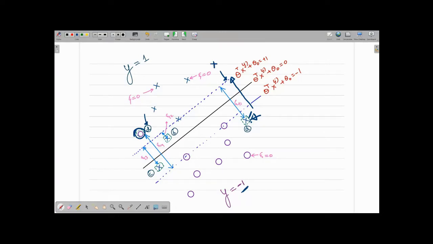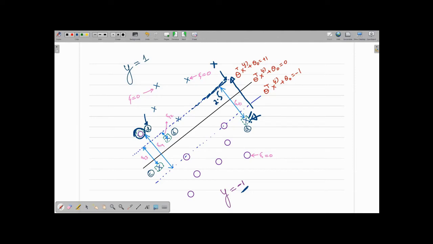If this X is here, then it will be fine, right? It will be fine. So this is the actual correct hyperplane for deciding whether this X is right or not. So zeta is actually telling you that if it's a wrongly classified point, then how much distance it is from the correct separating hyperplane. So for X, the correct separating hyperplane is this one. So its value is 2.5.